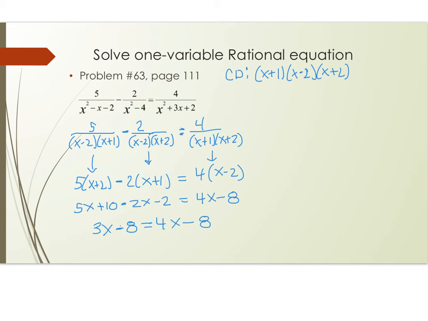Oh, wait a minute. It's plus 8, isn't it? And now I combine the x's and the 8's, and I get 16 is equal to x in this particular case. And so that concludes the problems that we had in class that we discussed for Chapter 1.1.